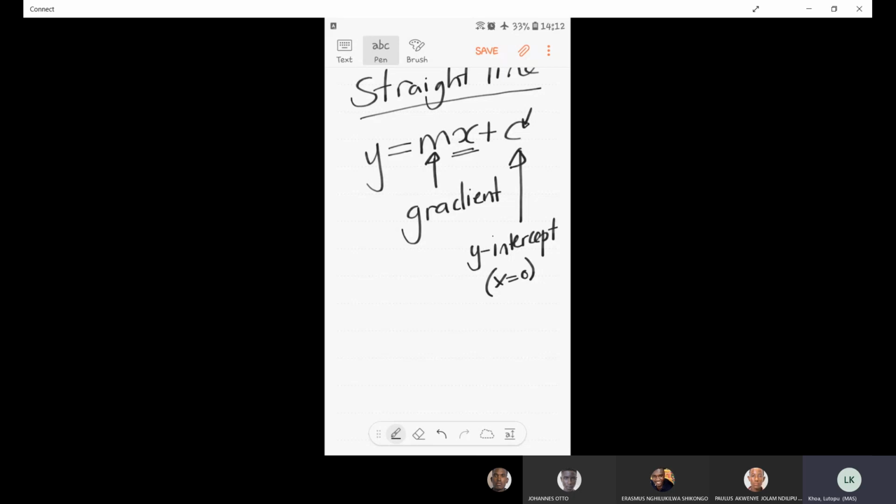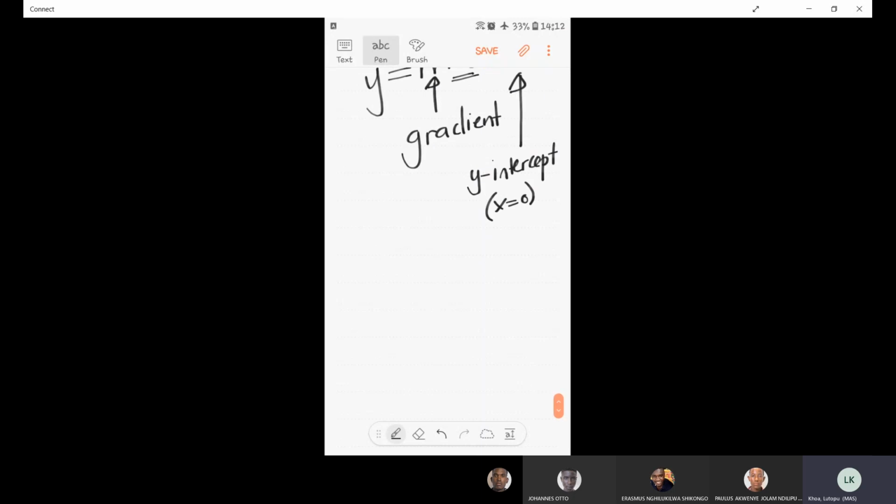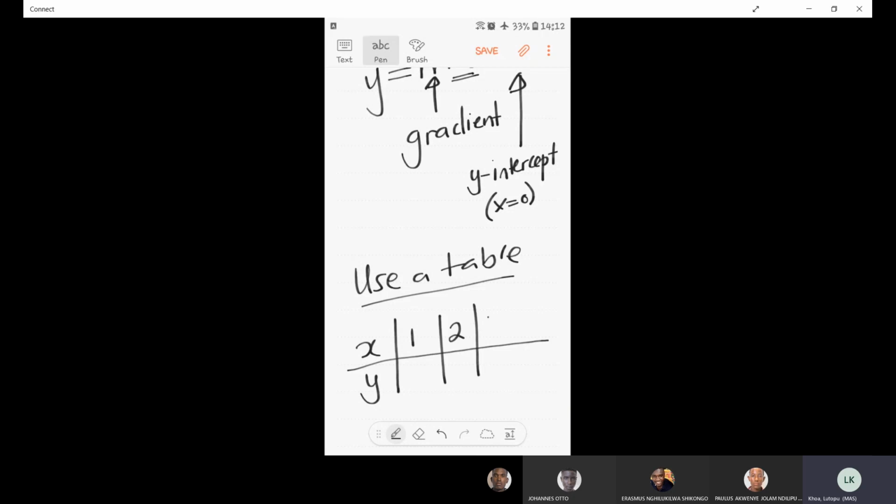Now when you're drawing a line, there are 3 ways that you can do it. You can use a table. So that means you have your x and y points. So you have x, let's say put 1, 2, 3, 4, and then you work out the values of y depending on your equation.